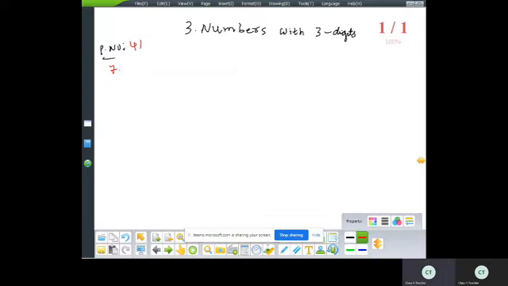Here, expansion in words, nothing but number name. Number name or in words. Write each one in words.